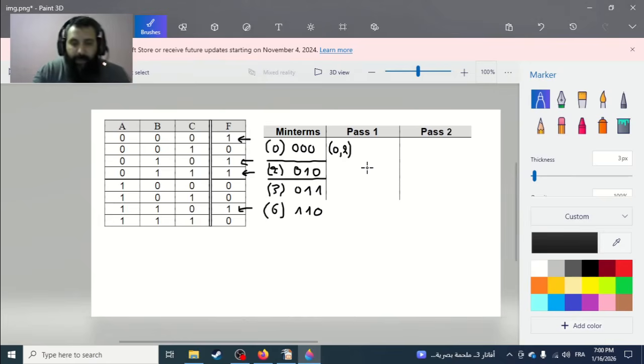It's not used. We have to aggregate. The correct term is to say we aggregate this one with this one, and we will get 0 for A, dash for B. It's eliminated. It's represented by a dash, and we have 0 here. Very good.